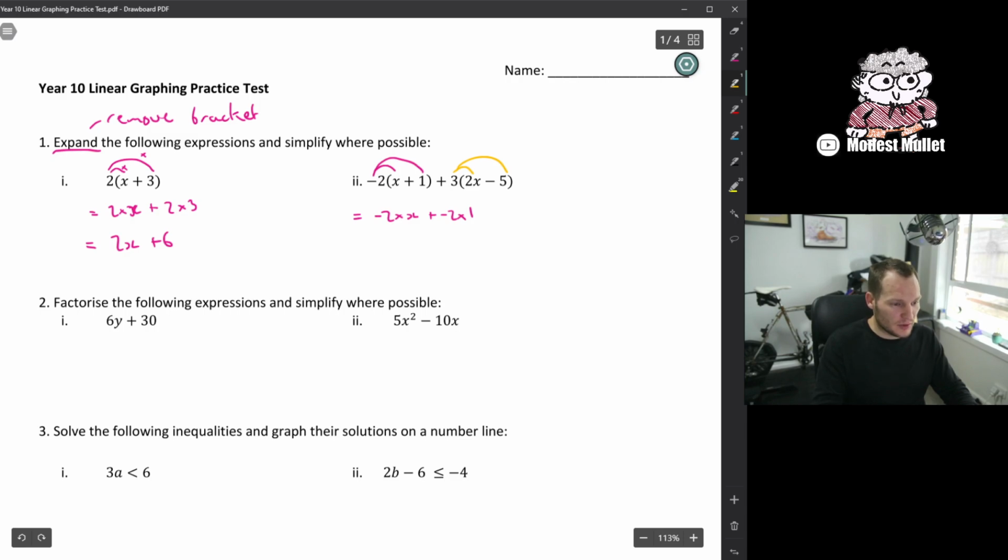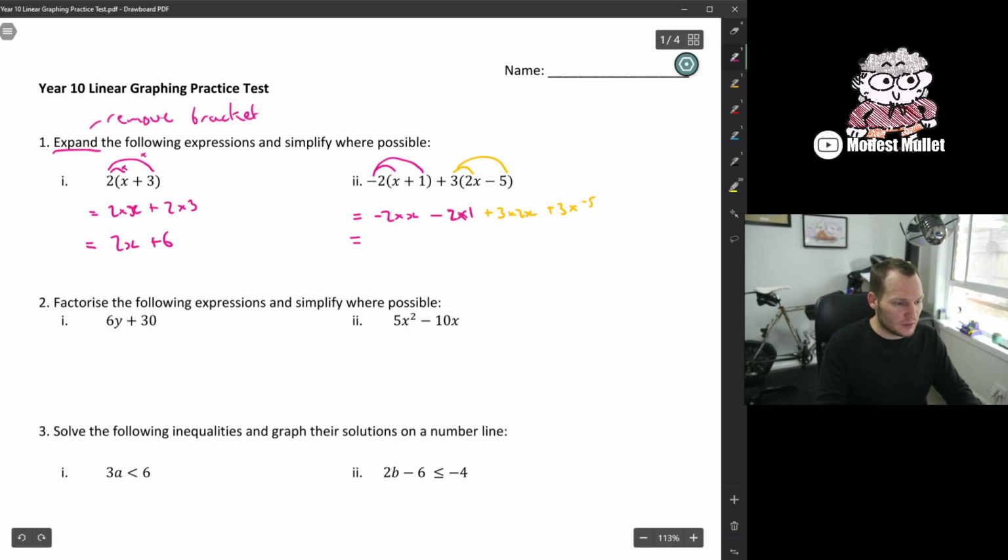Then we do the second bracket, so we get plus 3 times 2x plus 3 times negative 5. It would have been fine to have just gone, okay, it's the negative 2 times the x, and then the negative 2 times the 1. You could do the adding the negative 2, but the minus sign straight away is fine.